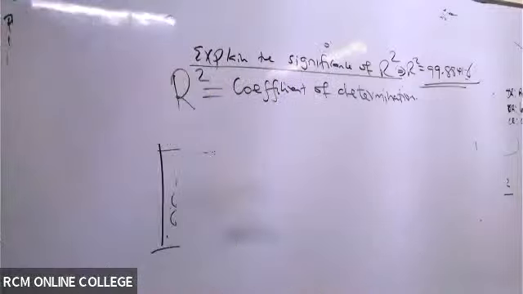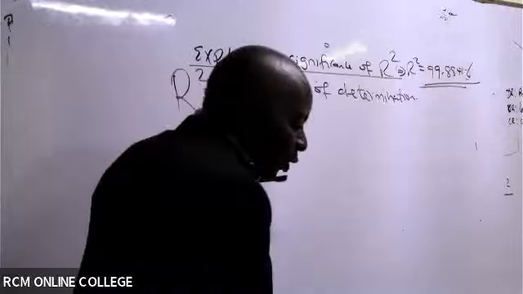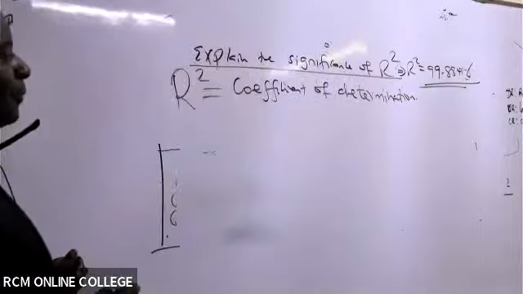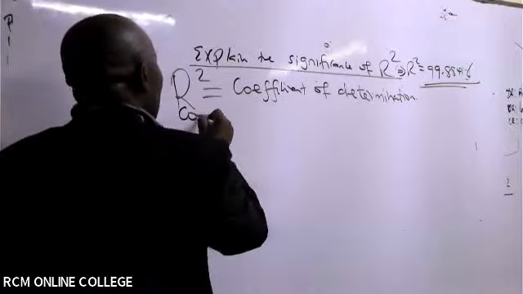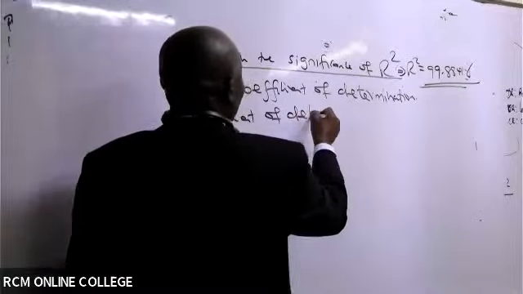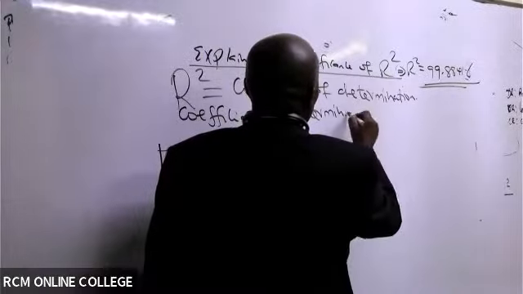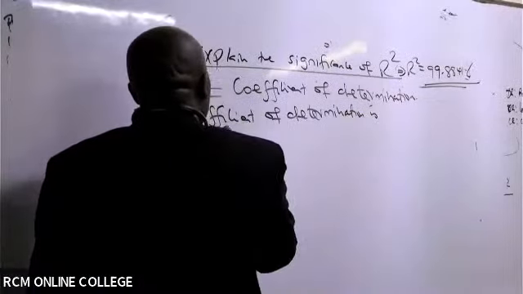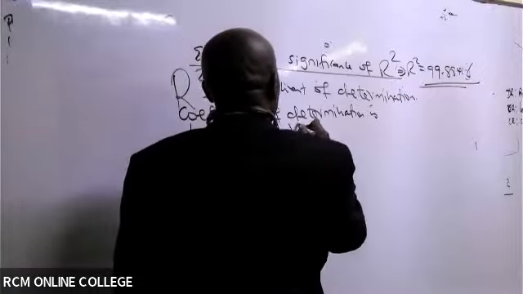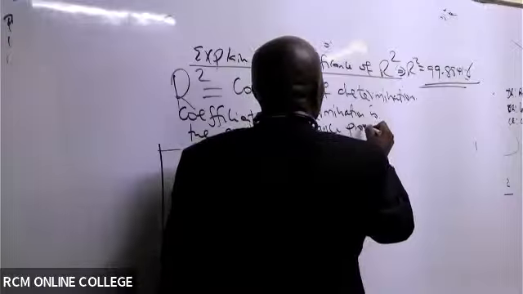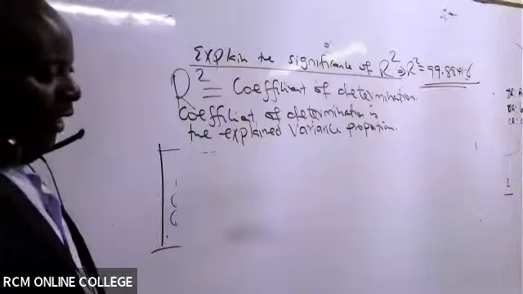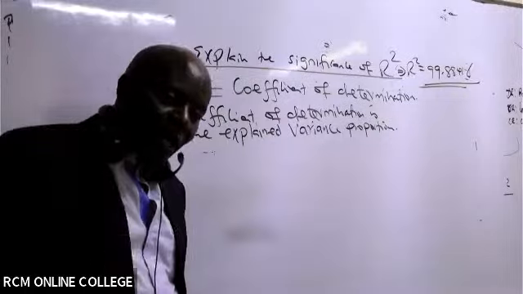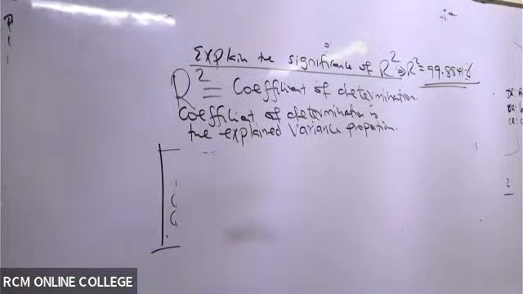And the coefficient of determination is the explained variance proportion.